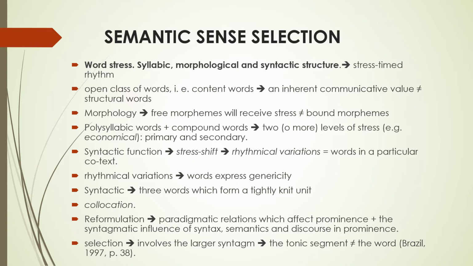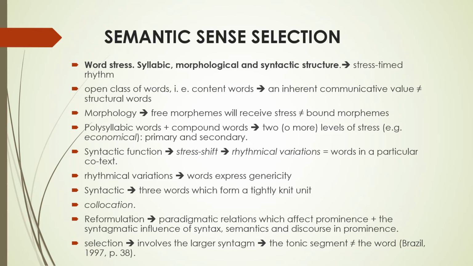In terms of the open class of words, that is the type of words that are typically made prominent, we know that generally content words tend to have prominence because they have an inherent communicative value, in opposition to the structural words, which are mostly functional and just serve as a cohesive way to join words and so on.